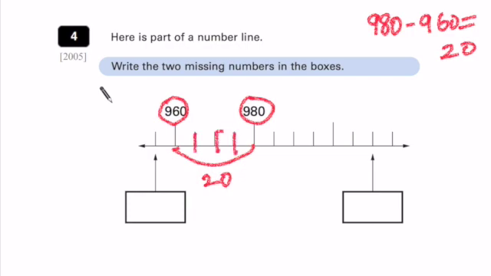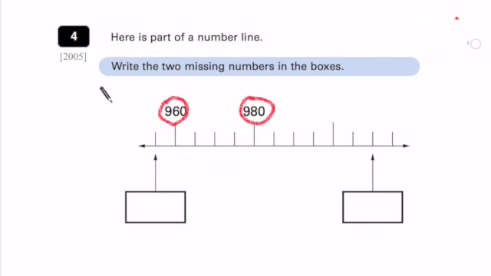So what we need to do is, if we know that the distance between them is 20, halfway between 960 and 980 is 970, right? Halfway between 960 and 970 would be 965, and this would be 975. It's going up in fives.